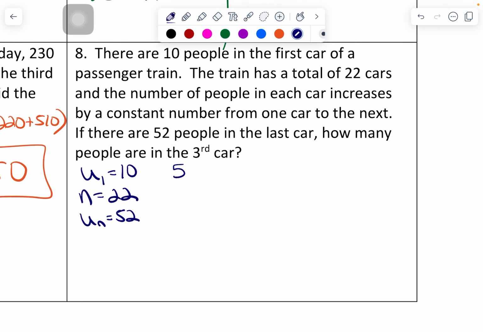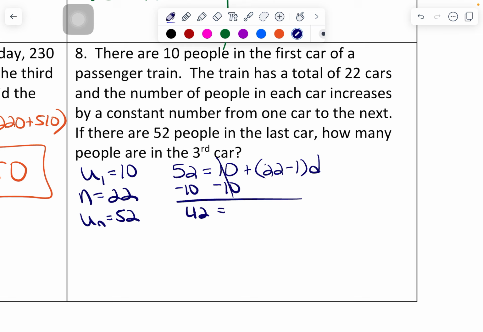Okay. So 52 is equal to the first... So the last term is equal to the first term plus 22 minus 1 times D. So I'm going to subtract 10 from both sides. And so 52 minus 10 would be 42. 22 minus 1 would be 21D. So D is equal to 2.